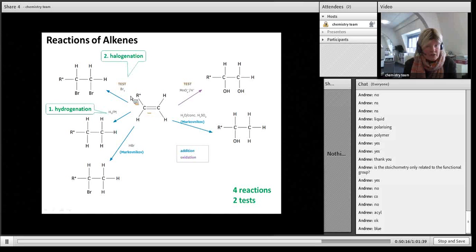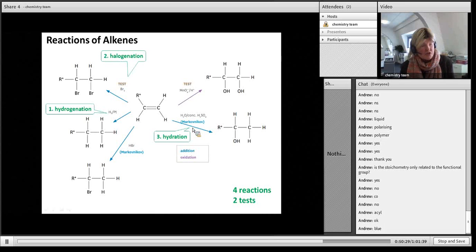So I could have reacted with Br2 or Cl2 or I2, but the Br2 is the one that you need to know as a test. So that's why I've highlighted it here. The next one is hydration. If you hydrate, you're having water, so you're adding water, HOH.